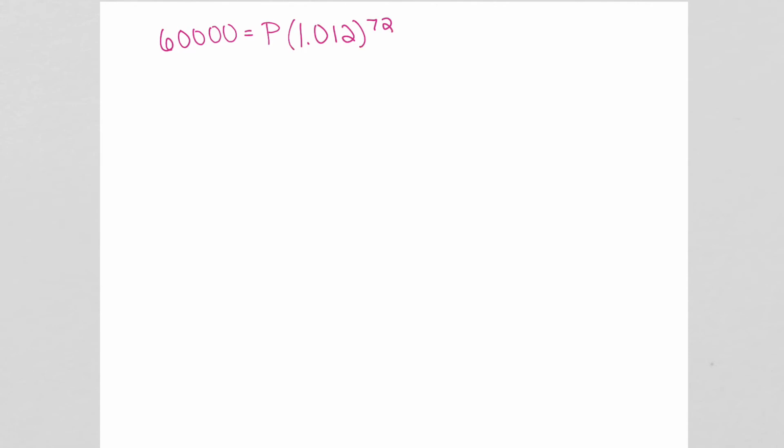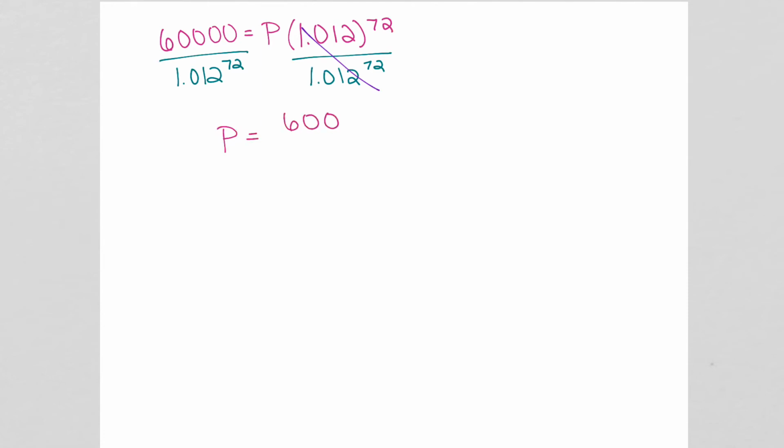Now, because of order of operations, we cannot divide 60,000 by 1.012. What we do is, to get the P by itself, we're actually going to divide by all of 1.012 to the 72nd power. And that'll make it go away.